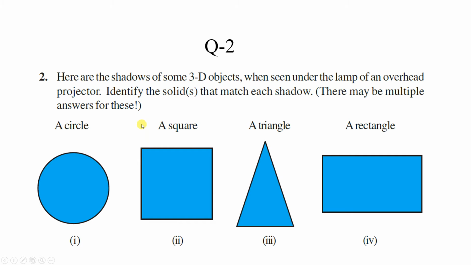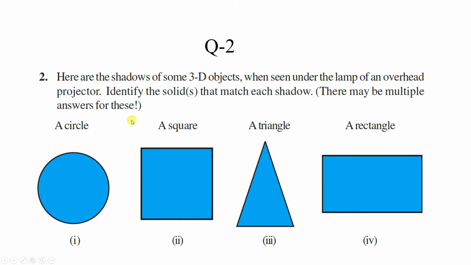Now next question, question number 2. Here are the shadows of some 3D objects when seen under the lamp of an overhead projector. Identify the solids that match each shadow. There may be multiple answers for this.